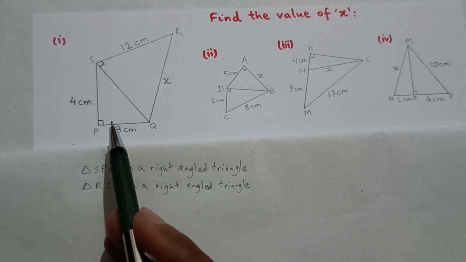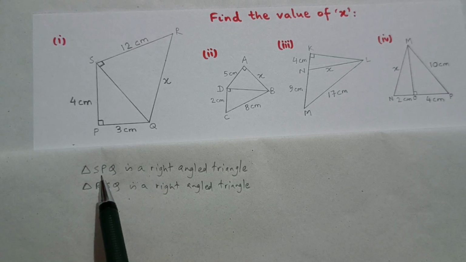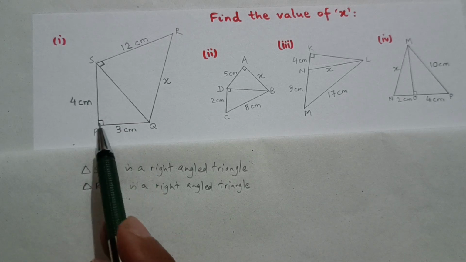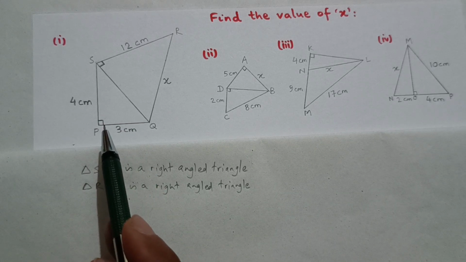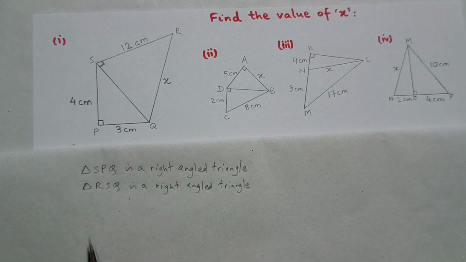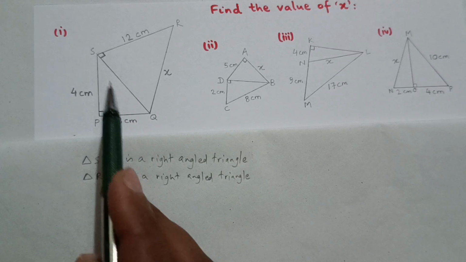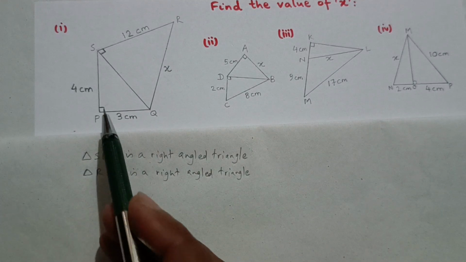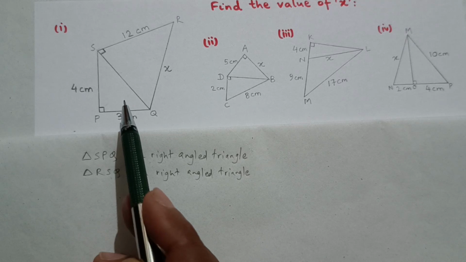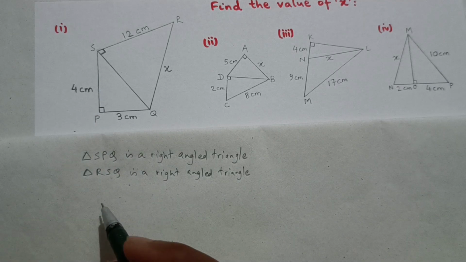First, in this triangle, triangle SPQ, which is a right angle triangle, I will apply the Pythagoras theorem and find out the measure of side SQ. In this triangle, the hypotenuse is SQ.